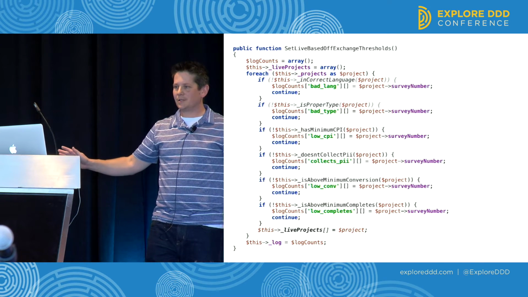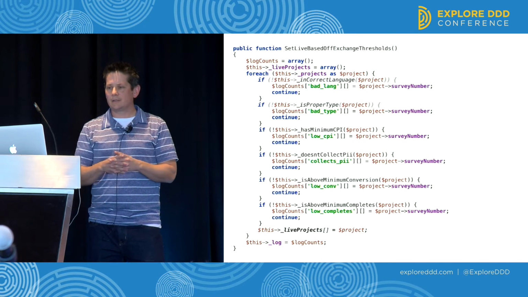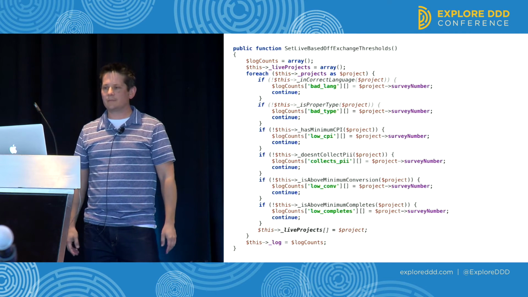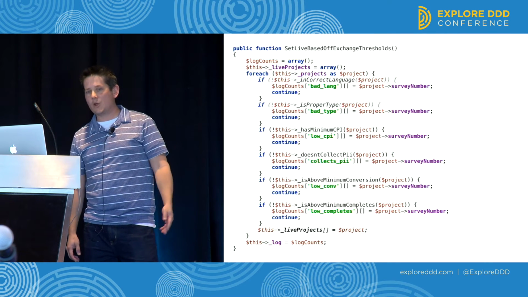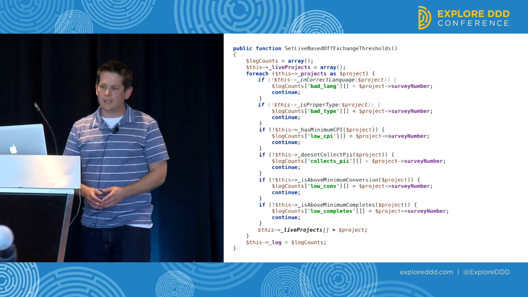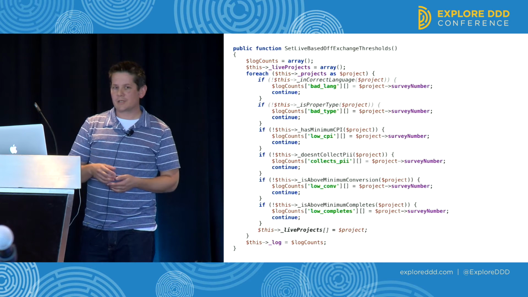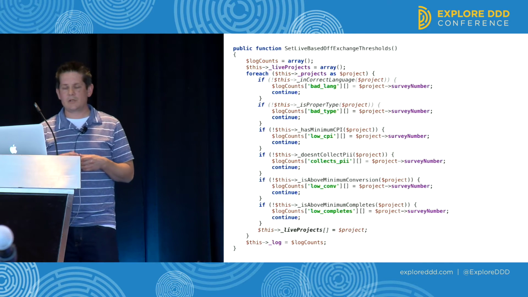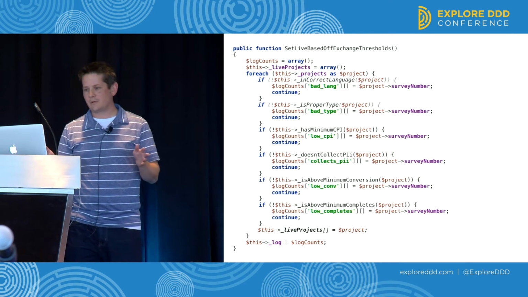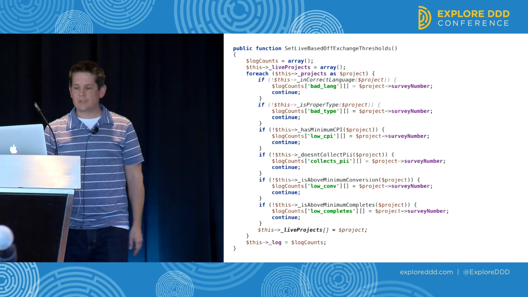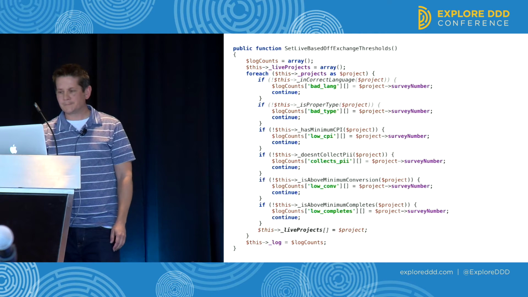Everything else is distilled. You've got the filters that we're doing. Is this survey in English? No, we don't care about that survey. We only care about certain kinds of surveys. And we don't want surveys that collect personal information, so we ignore all of those. And in the end, it builds an array of live projects.